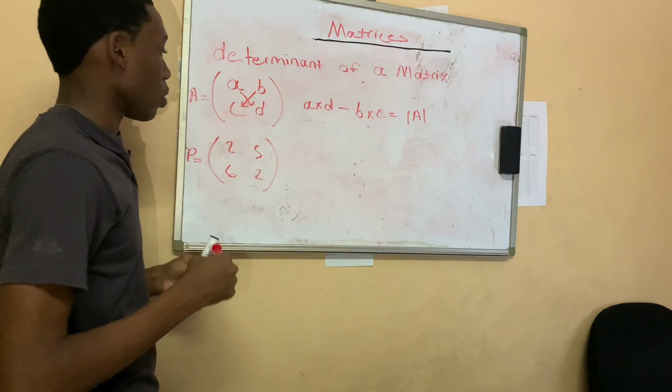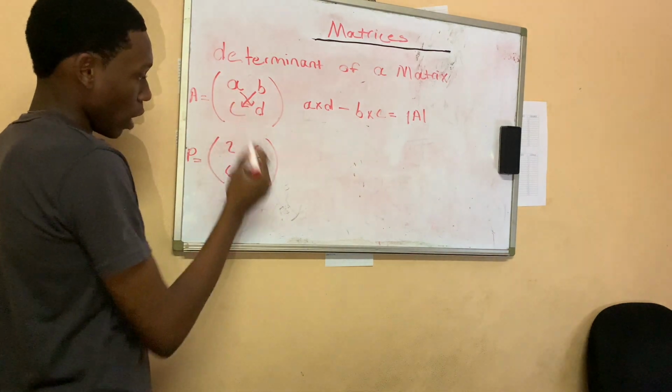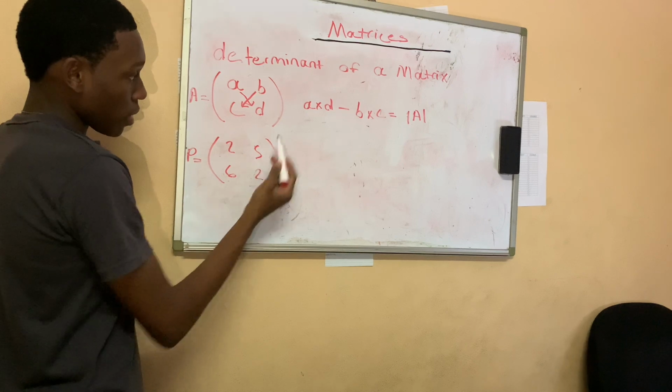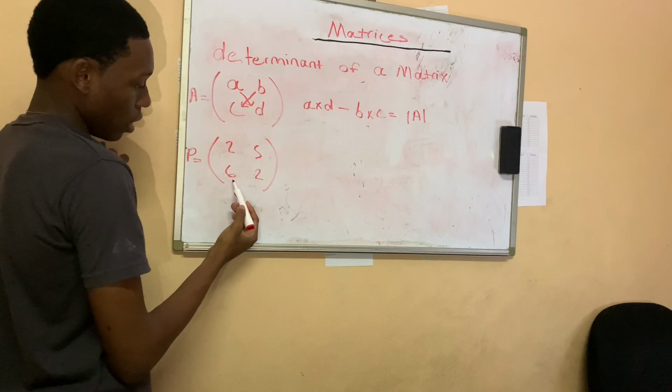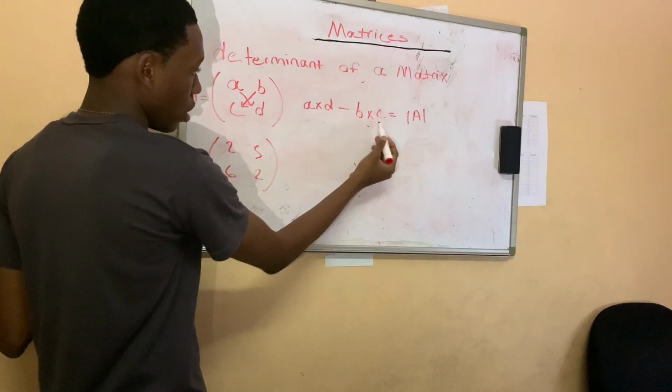So we're going to consider the 2 as A, and consider this 2 as the D, and consider this 5 as the B, and consider this 6 as the C.